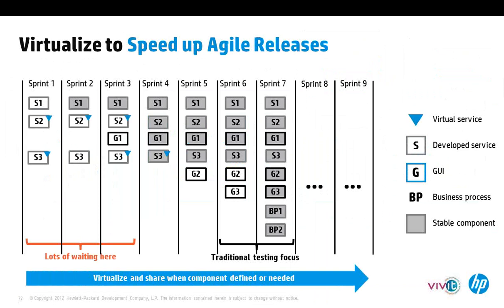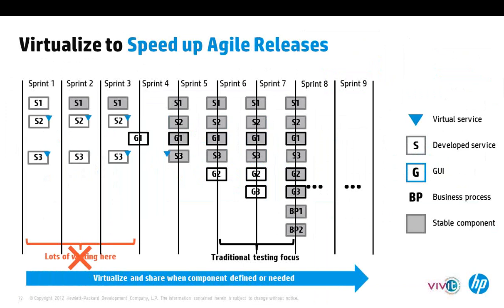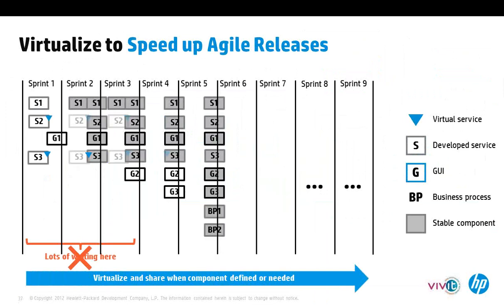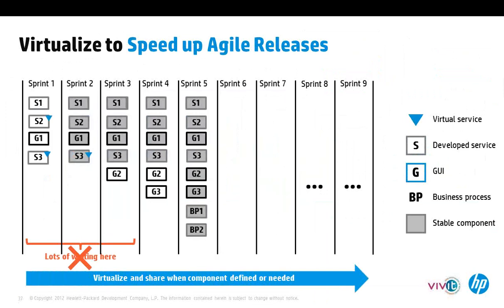Now the benefit of doing this is that components like S3 and S2 that you see on your screen are available earlier in the sprint, which means that business processes like business process 1 and 2 that depend on these components and services can now be tested in earlier sprints.